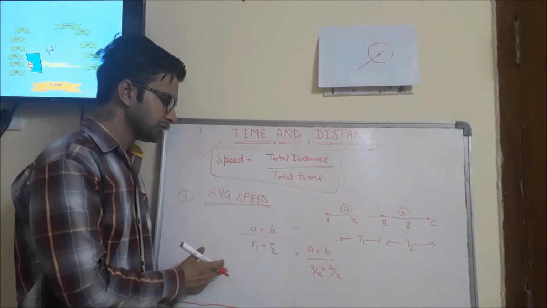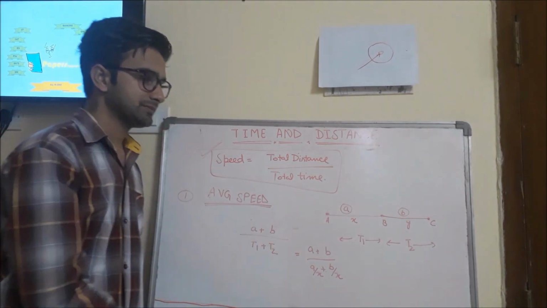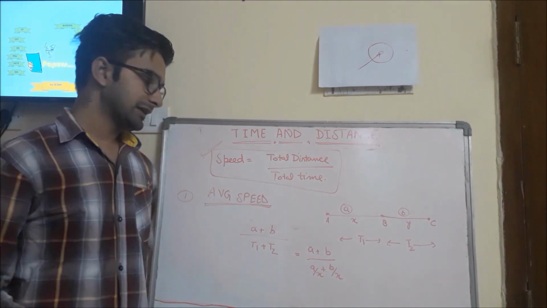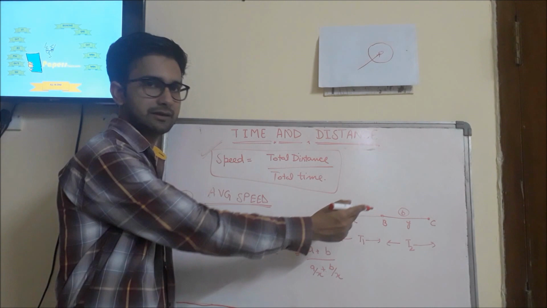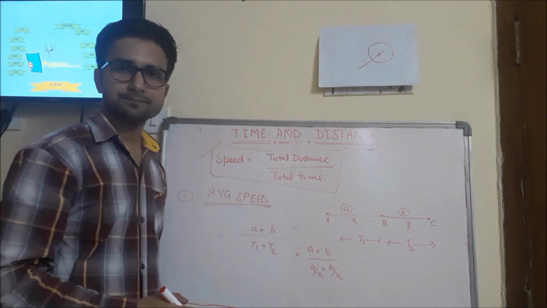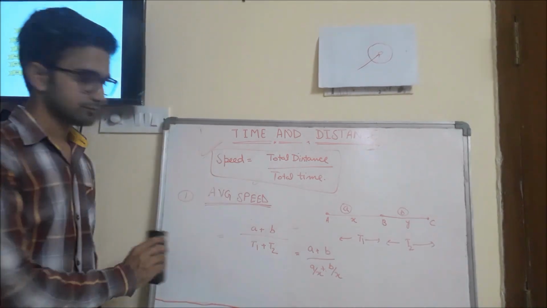Friends, you will see many problems of this kind to find the average speed. So I'll recommend you just mathematically formulate the problem and solve it this way. So this is the concept of average speed.